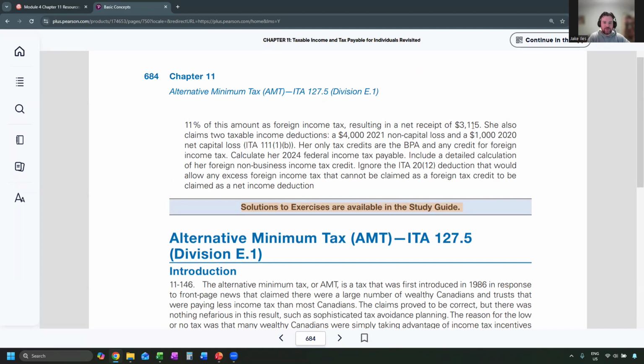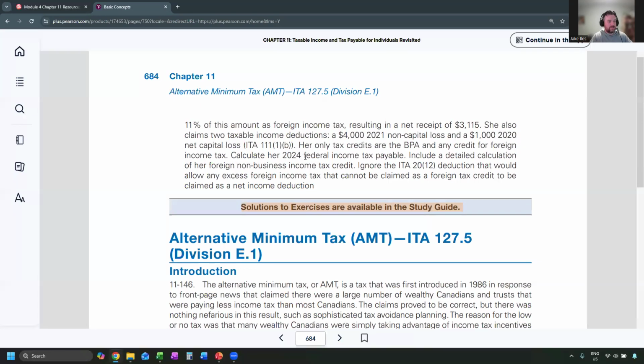So we had $3,500 of foreign income, but the foreign entity held 11% for taxes. She also claims 2 taxable income deductions, a $4,000 non-capital loss and a $1,000 net capital loss. Her only tax credits are the basic personal amount and any credit for foreign income.